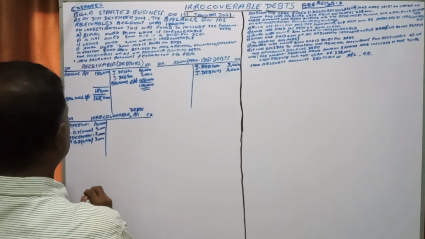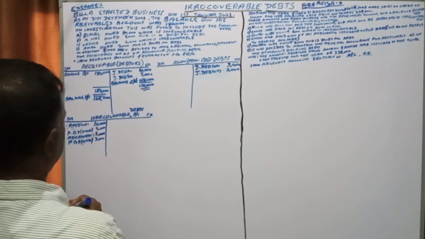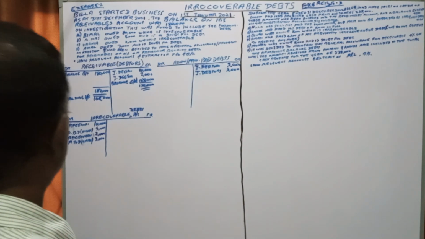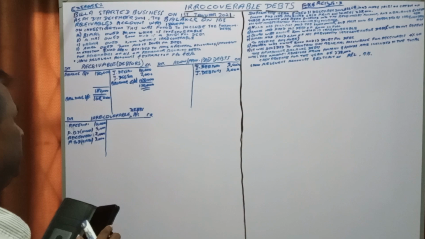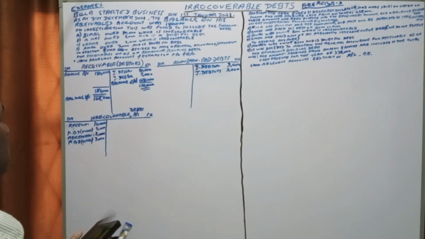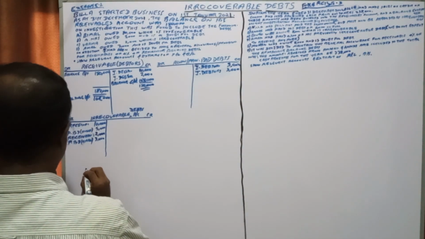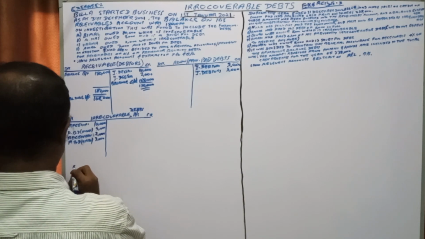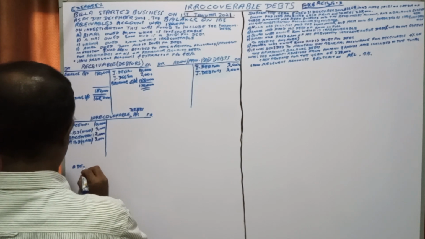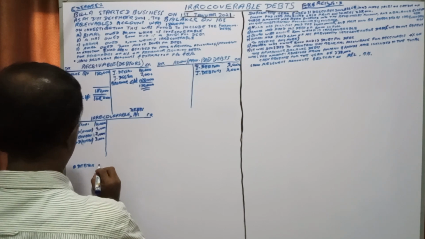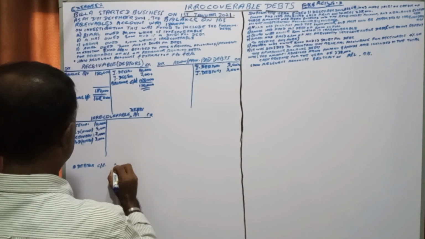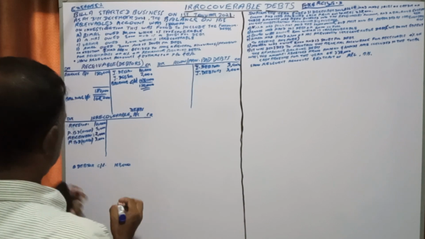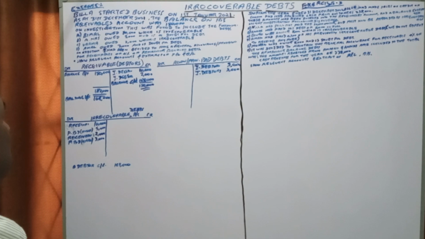First of all, this is receivable debtors. The debtors carried down balance is 168,000.